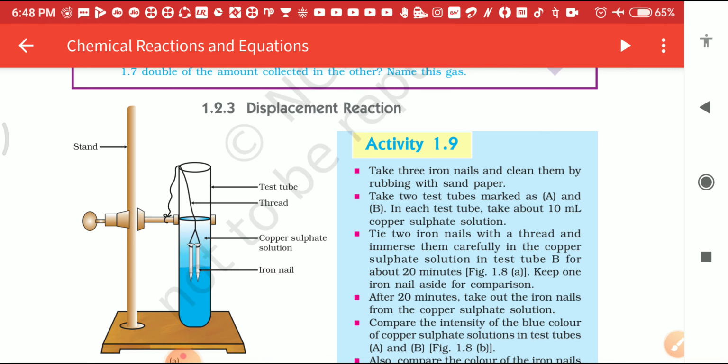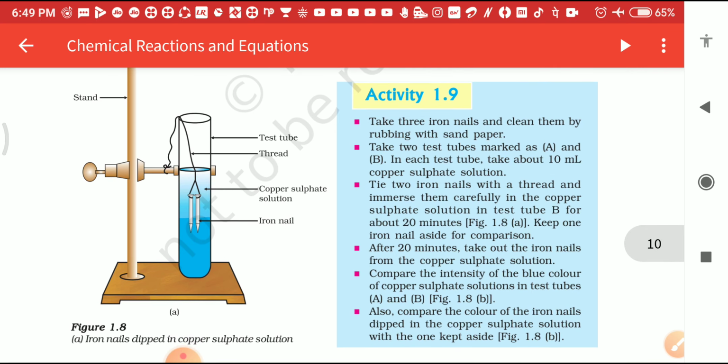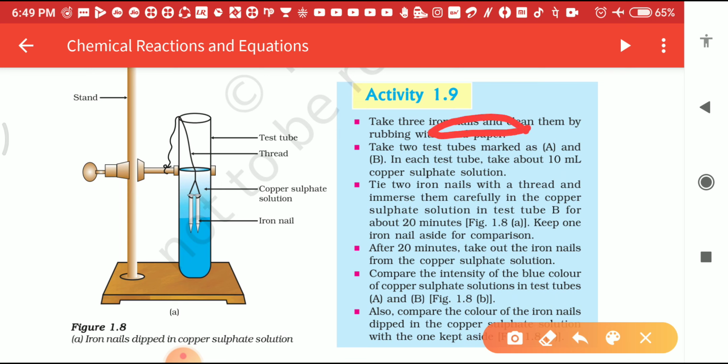Let's proceed with Activity 1.9. You can understand better what displacement reactions are. In Activity 1.9, take 3 iron nails and clean them by rubbing with sandpaper. I told you earlier that we can use sandpaper to remove dust particles from any substance.